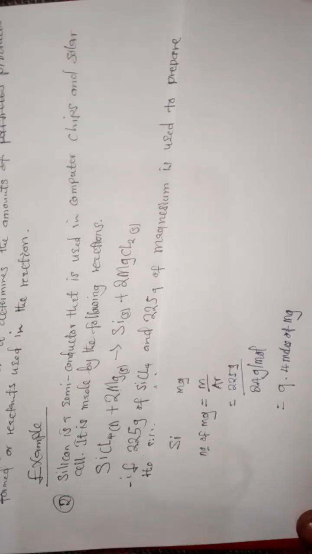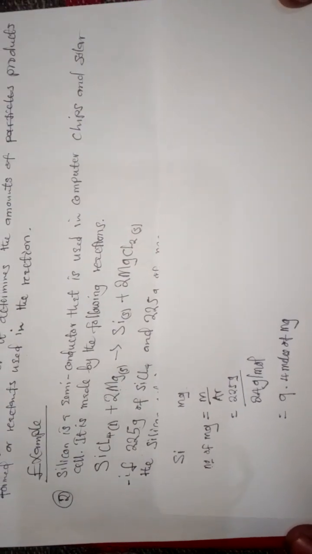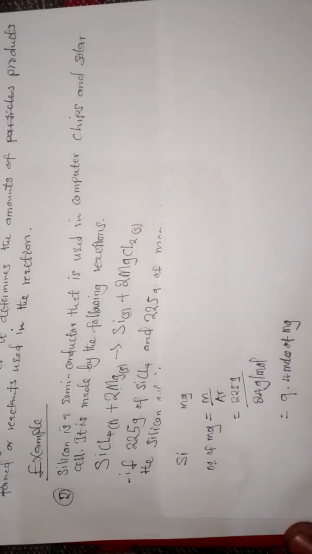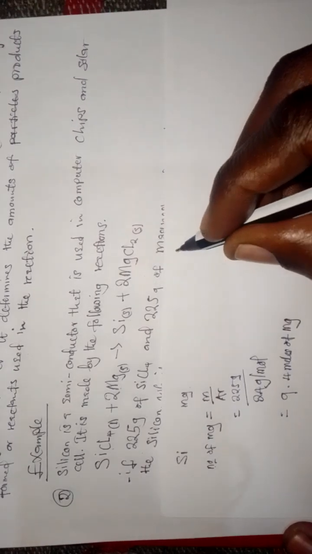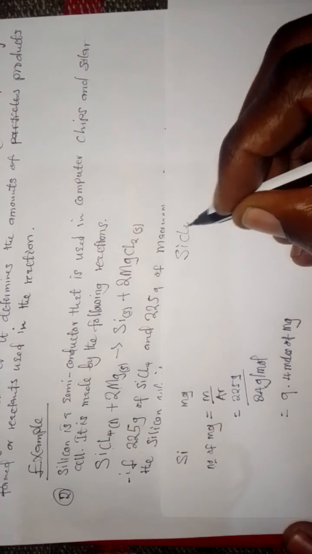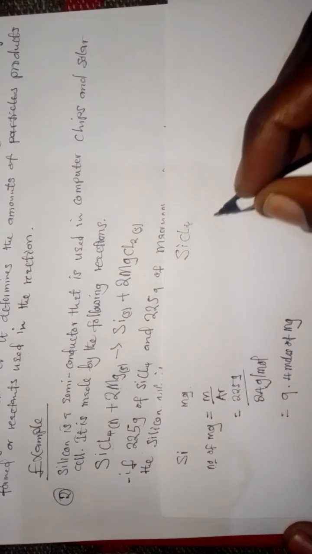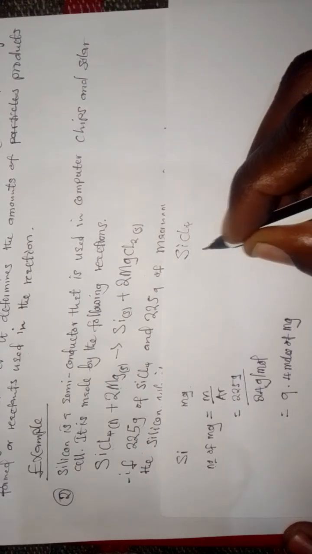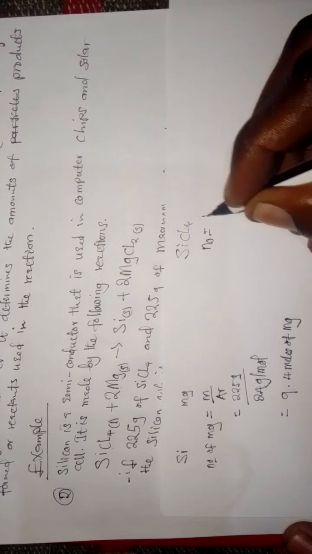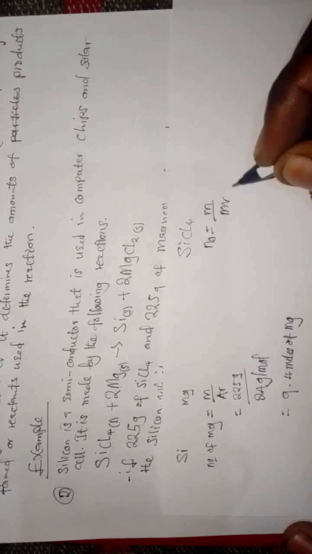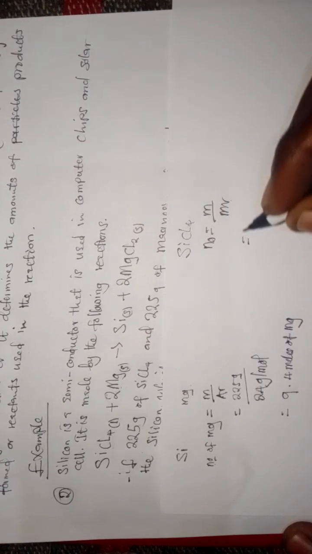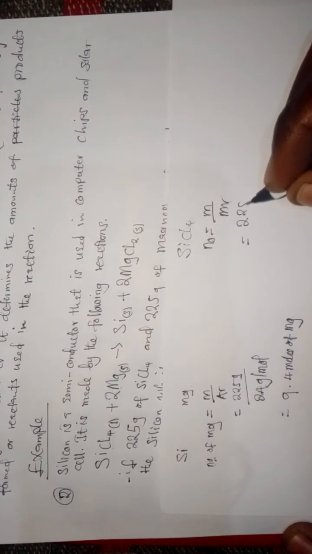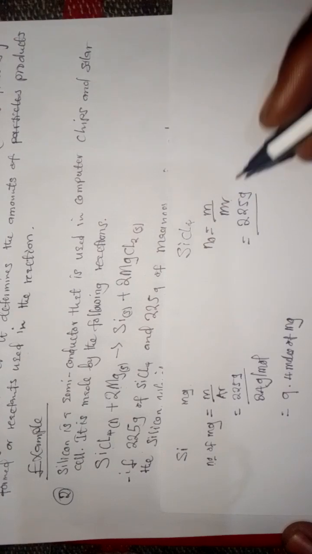Second, you need to find the number of moles of this silicon chloride. Number of moles is equal to mass over Mr, or Ar, just the same. The mass given in the question is still 225 grams. What's the Mr now?